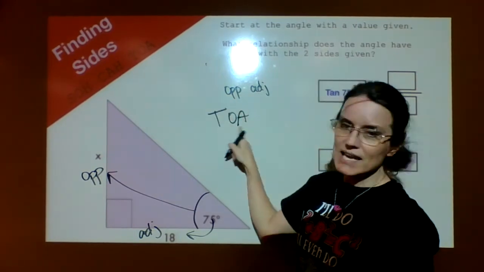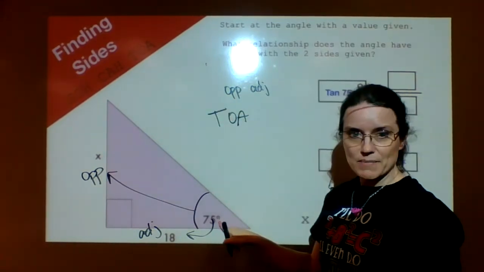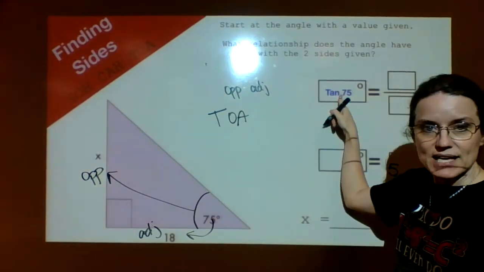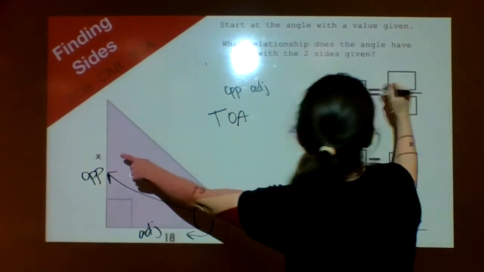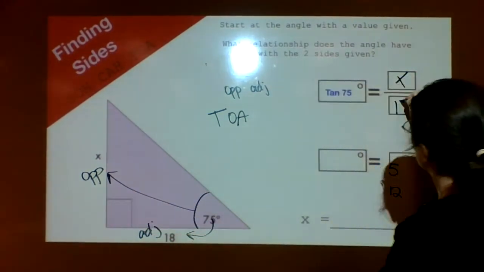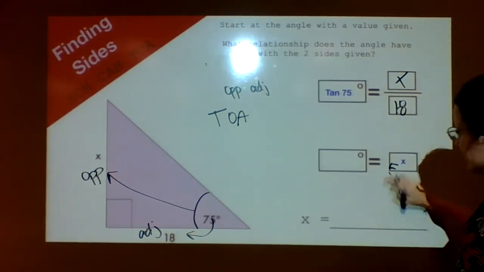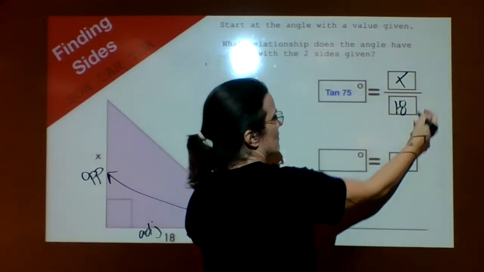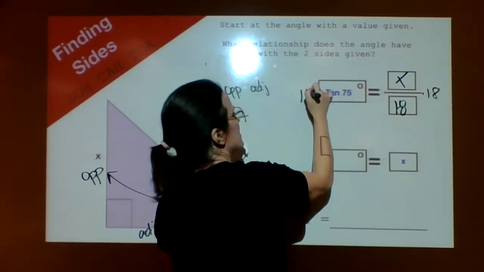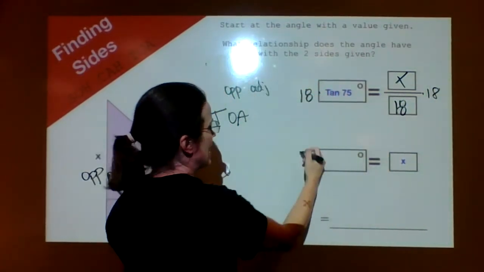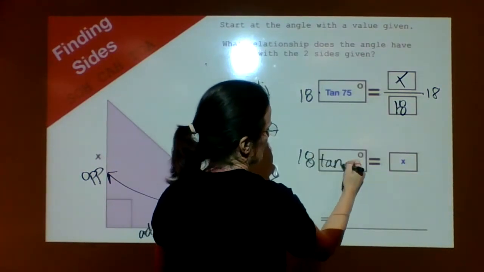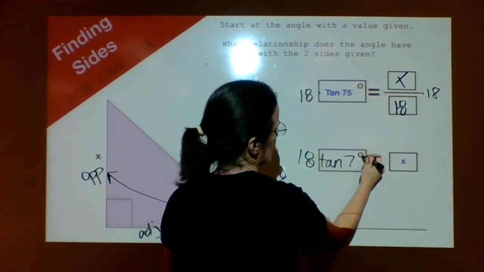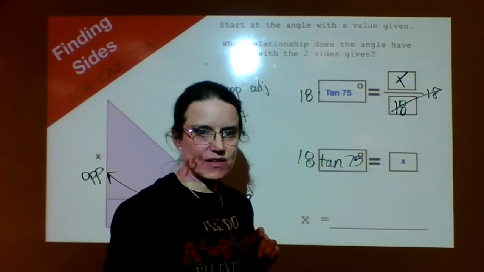I'm going to need a tangent to set up with my angle. So I set up the tangent of 75 equals my opposite over my adjacent. Now to get my x by itself, I will multiply both sides by 18, and I have 18 times the tangent of 75 will give me that x when those cancel out.